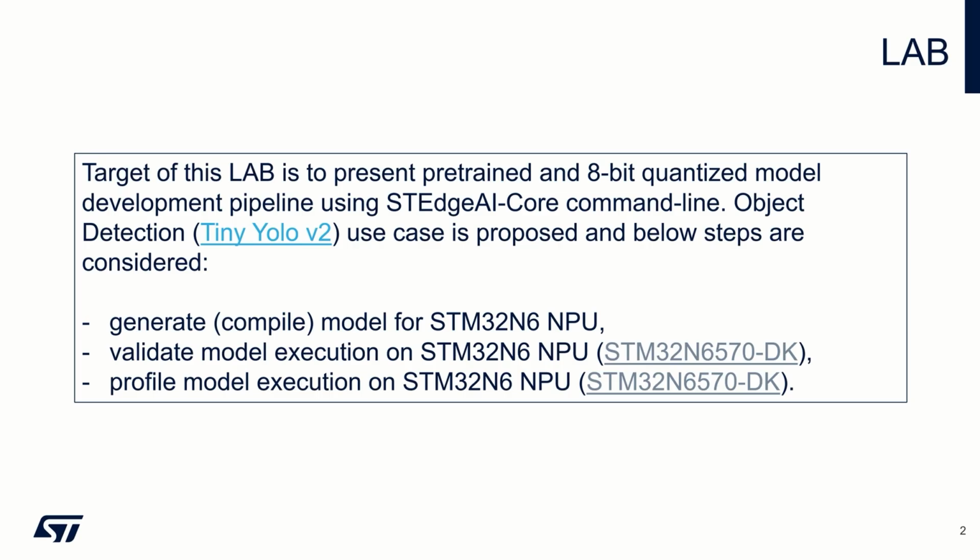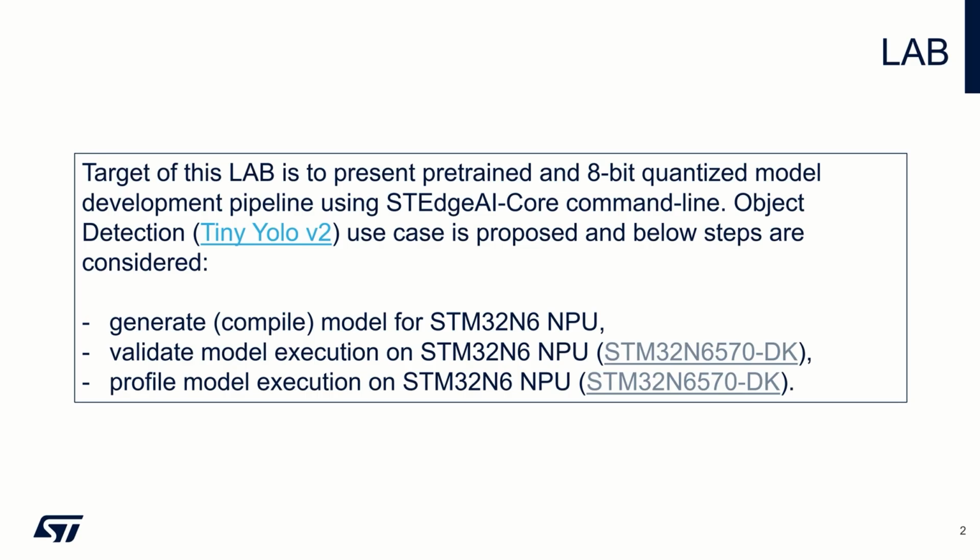What do I understand by development pipeline? I mean 3 steps: generation or compilation of the deep learning model to the C code representation to be executed on the STM32N6 microcontroller, in particular using the neural processing unit, then validation of the model execution on the N6 microcontroller.